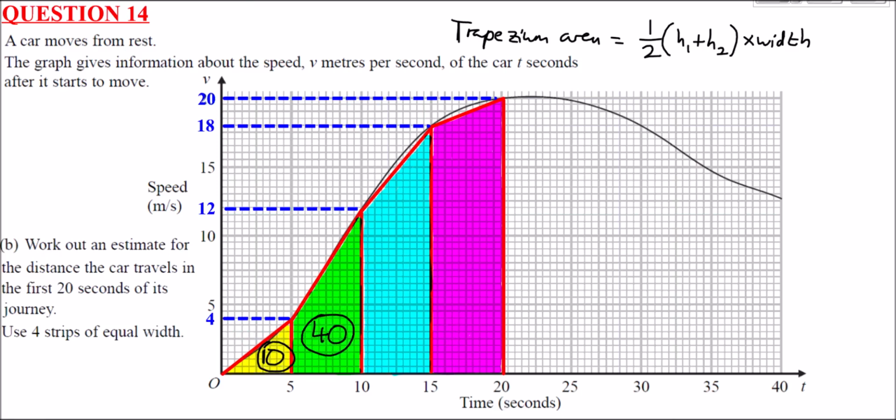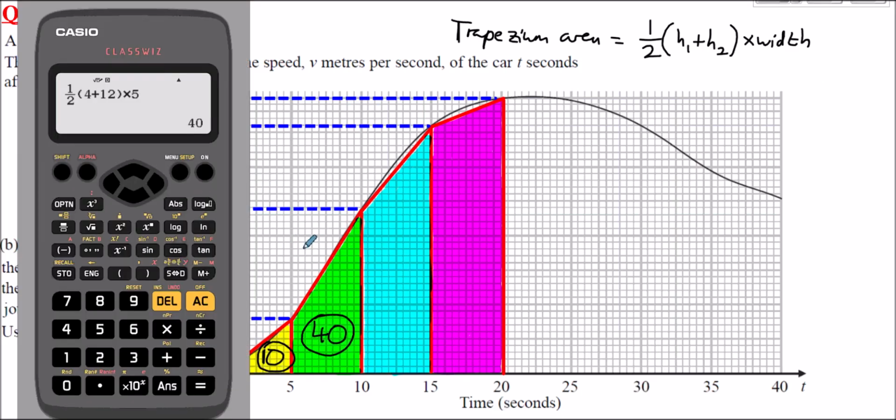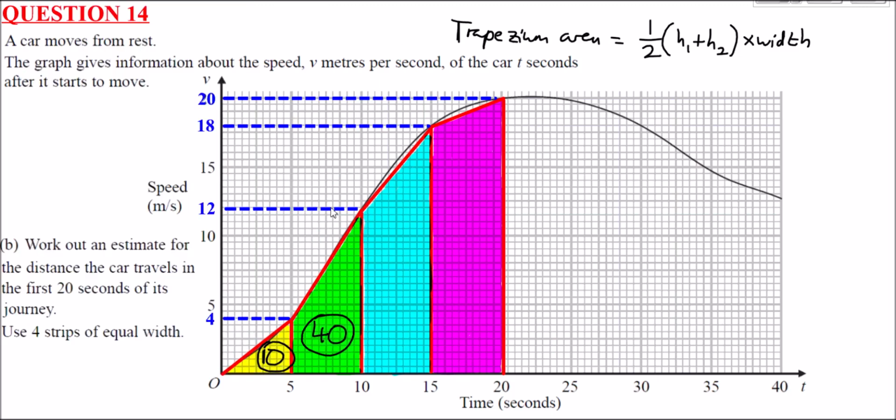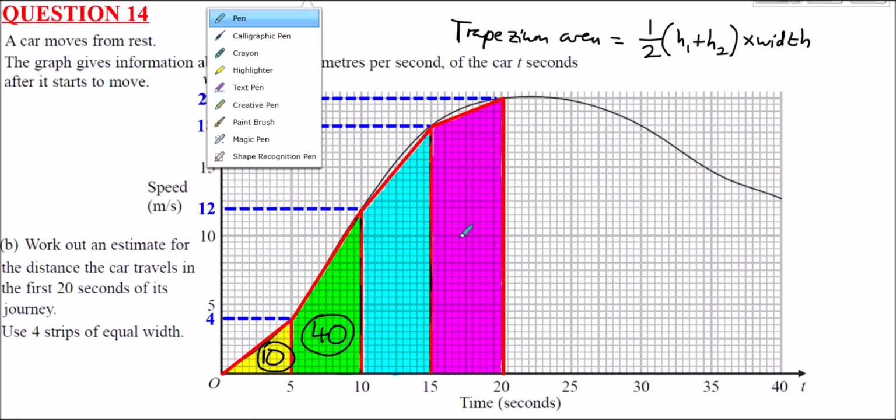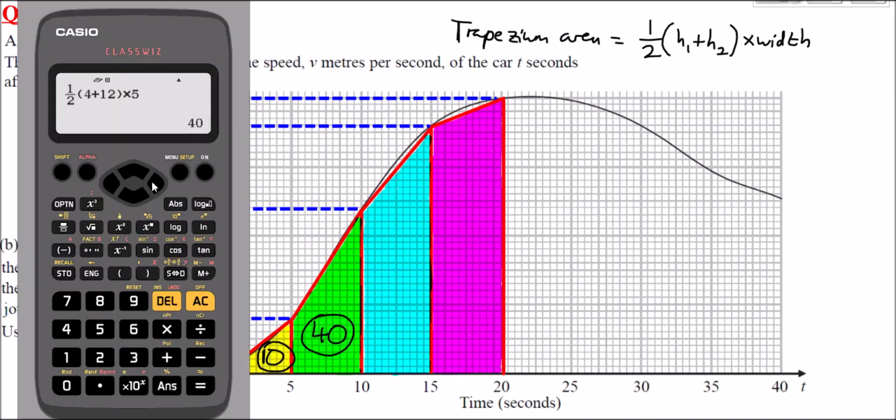This one. So same formula, but here the height of this first one is 12. That height is 18. So I've got 12 and 18 now. So change that to a 12. I'm going to change the other to an 18. Then multiply by 5.